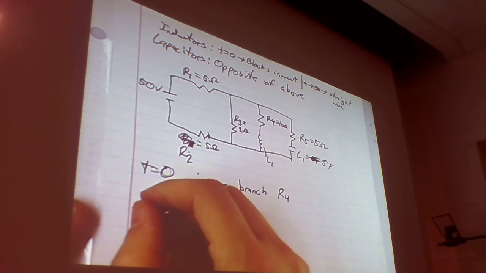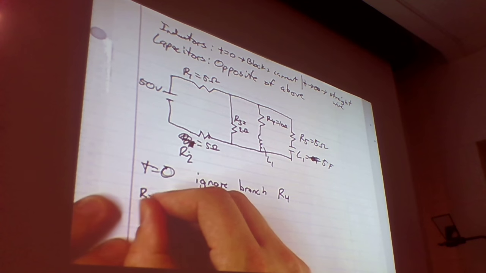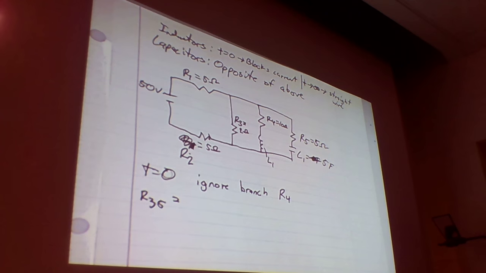That means we can now find R3,5. That equals 1 over 2 plus 1 over 5, which is 0.5 plus 0.2.